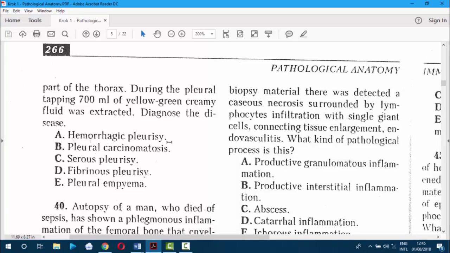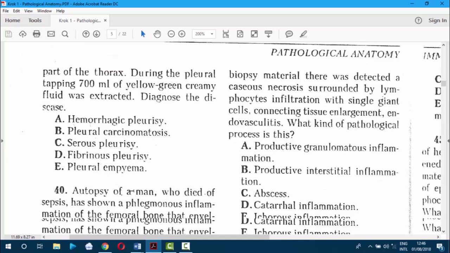Now, there's a terminology here that you need to understand. This term is called empyema. Empyema is a purulent inflammation of a serous membrane. Hence, the answer is pleural empyema. It is not fibrinous, it is not serous, it is not carcinomatosis, neither is it hemorrhagic. It is empyema, pus formation in the pleural cavity. That's it.